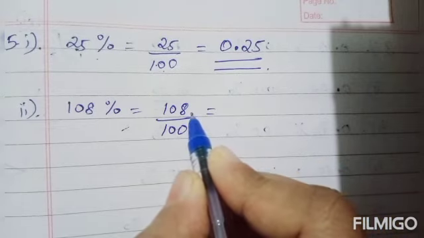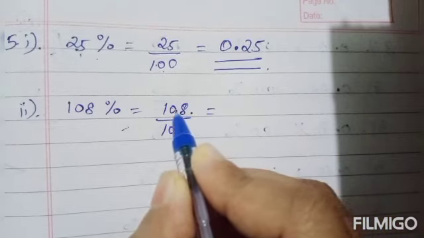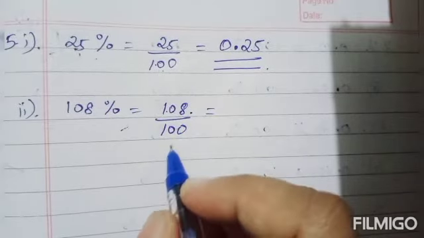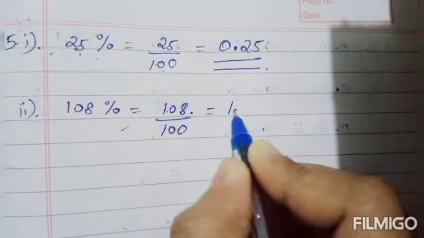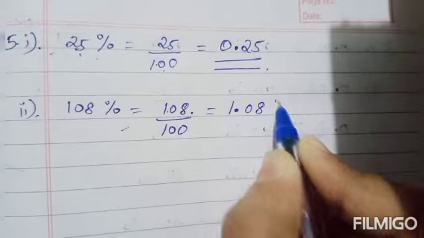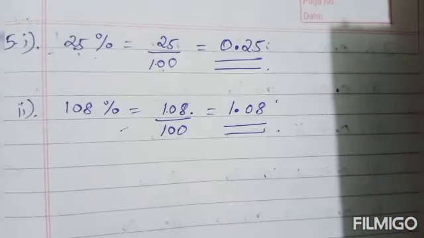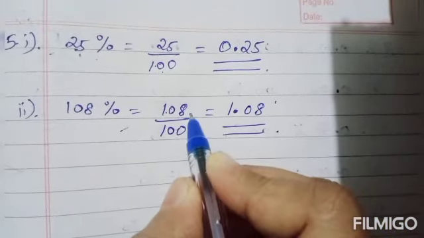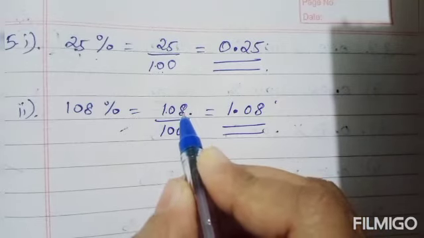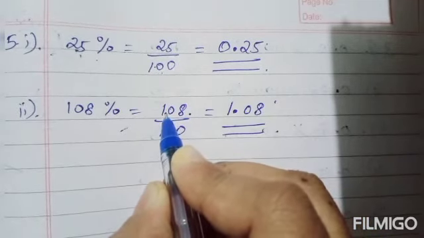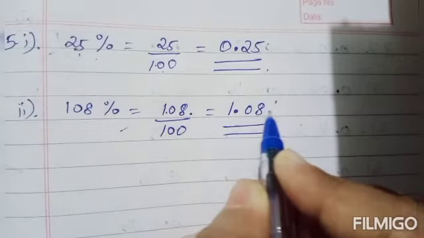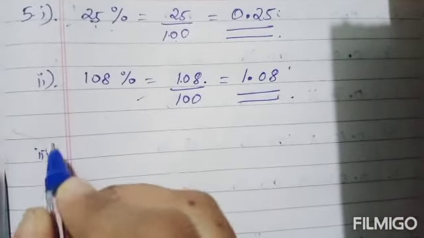Okay, here is the decimal point. This is 1, 2 here. So 1.08 will be the answer. The decimal point moves 2 places to the left, here will be the new decimal point. You will get 1.08.